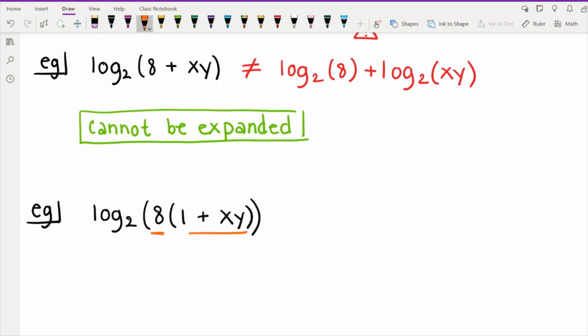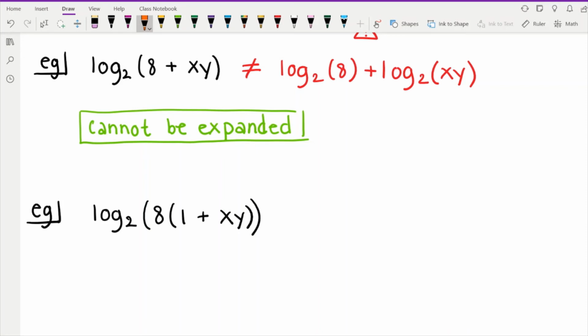So there is addition going on here, but the important thing is that on the outermost level, we have multiplication, right? We have 8 times this. Whereas this one, if you read this out loud, you cannot read this as something times something, right? You can read it as 8 plus x times y, but the times comes later. Whereas this one is 8 times 1 plus x times y.